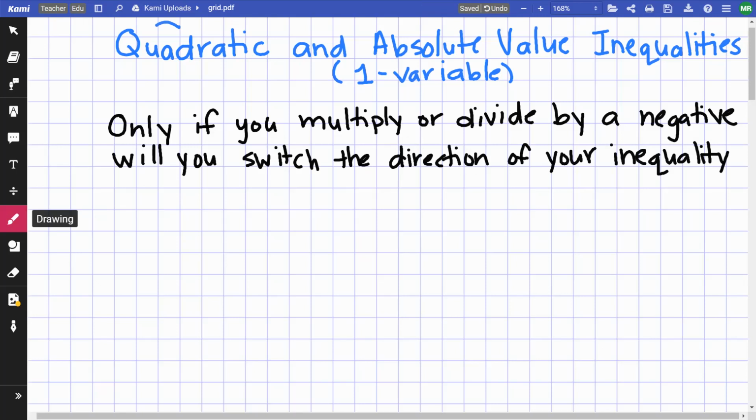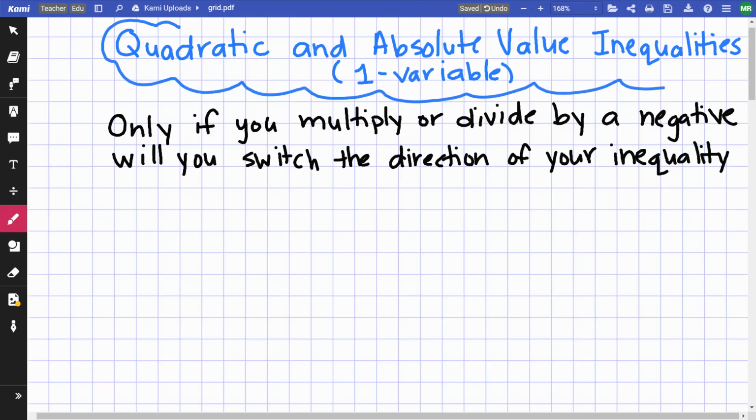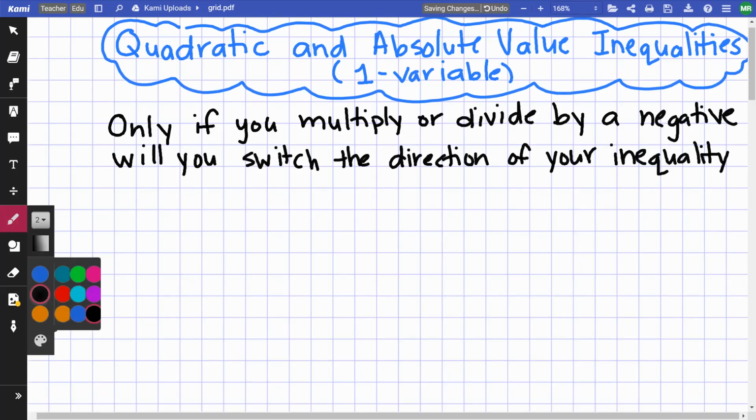So only if you are multiplying or dividing by a negative will you switch the direction of your inequality.